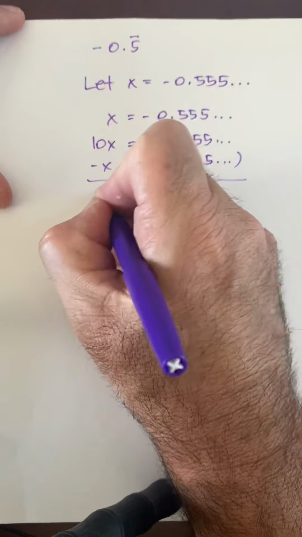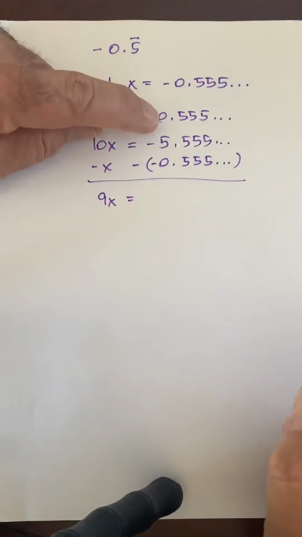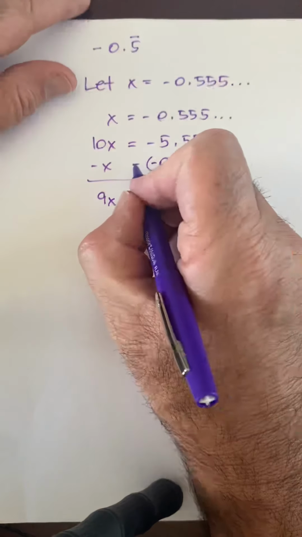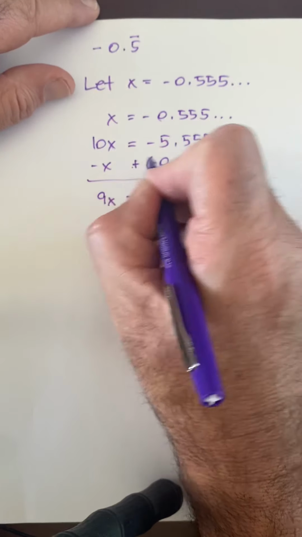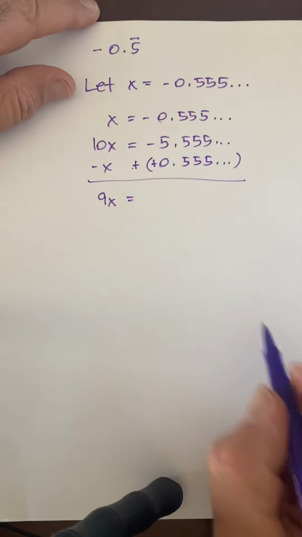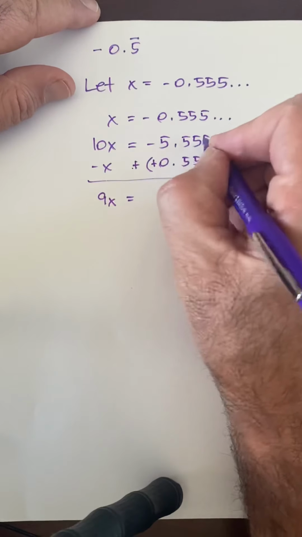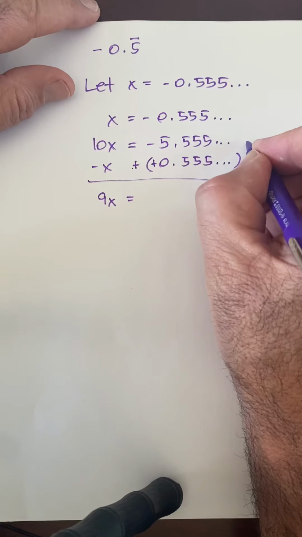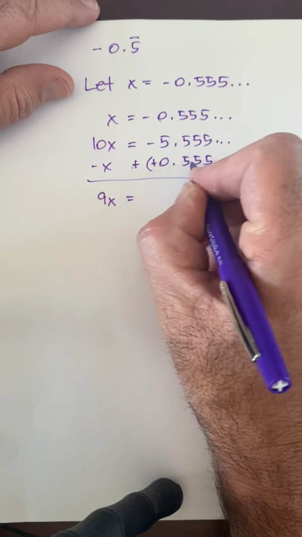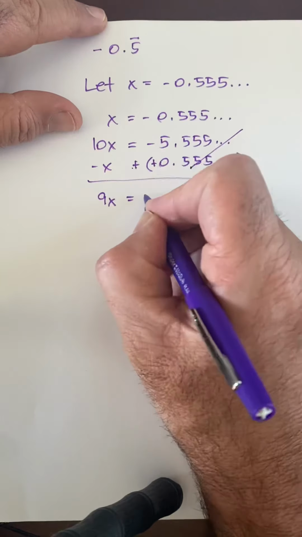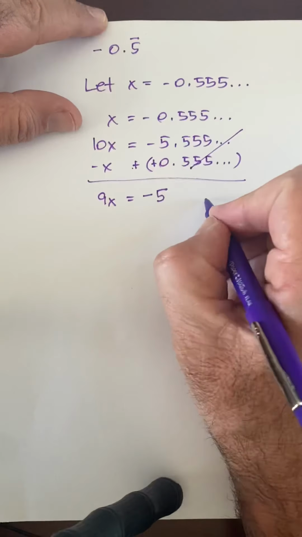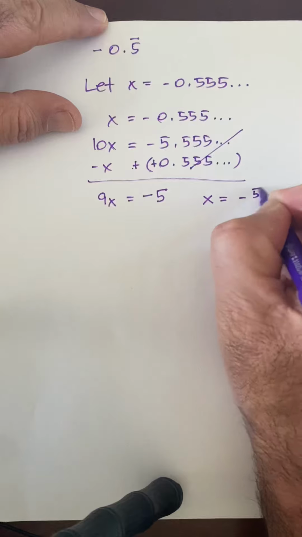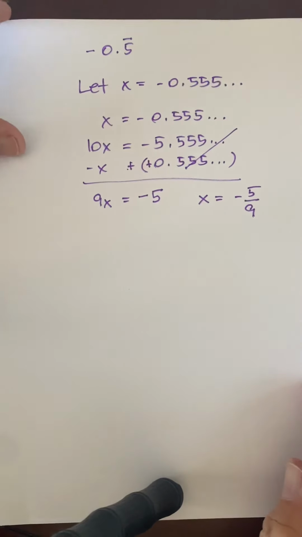So here, 9x. Now let's concentrate over here. Well, subtracting a negative is the same as adding the opposite. So it turns into add negative 5. So the repeating part's negative 5 repeating plus positive 5 repeating cancels, and I'm left with negative 5. Divide by 9. So x is negative 5/9. That's all.